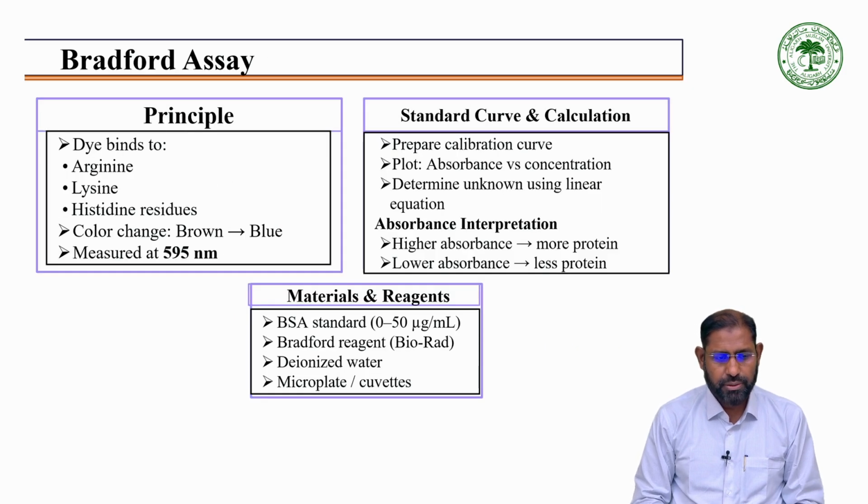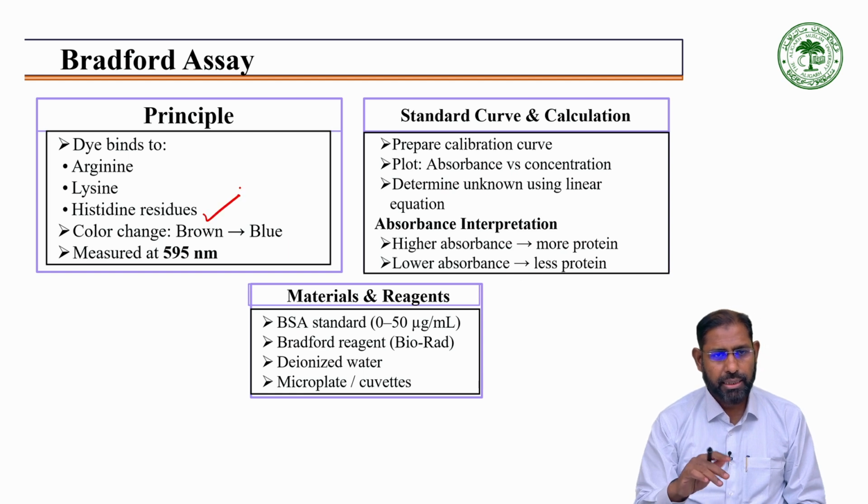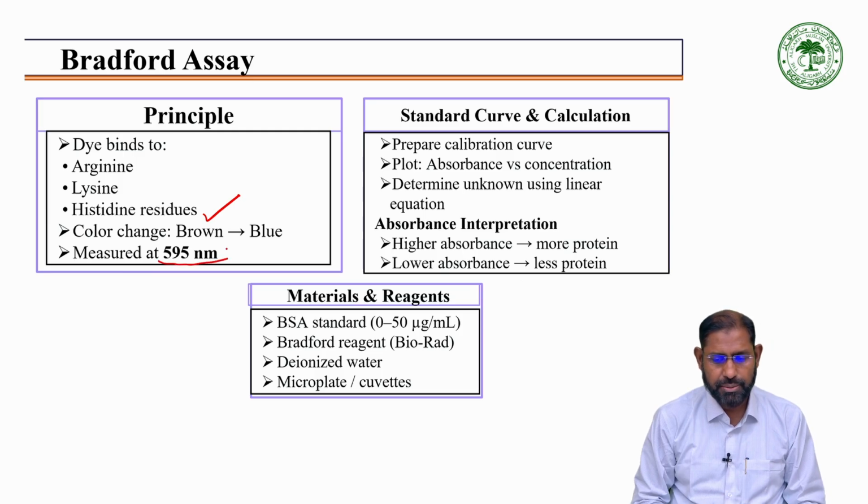Now the Bradford assay. In this case, the dye binds to specific amino acids in the protein, that is arginine, lysine and histidine residues, and the color changes from brown to blue. These are the characteristics. We take the reading at 595 nanometers.